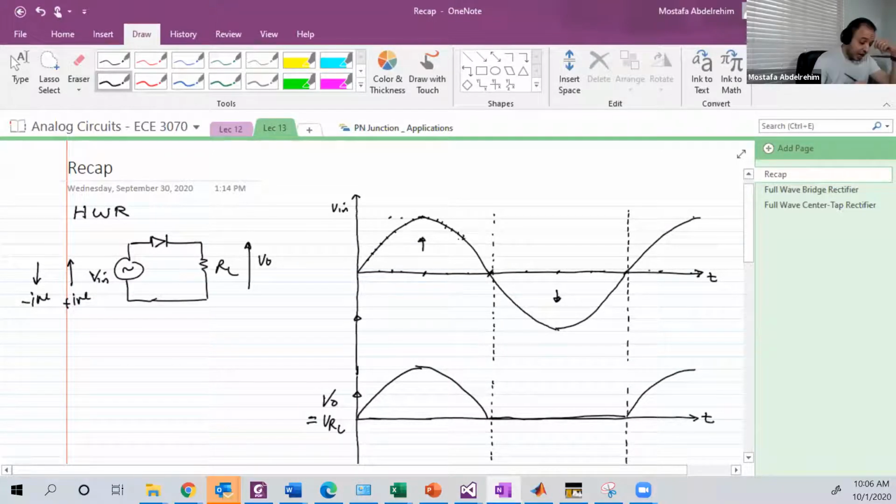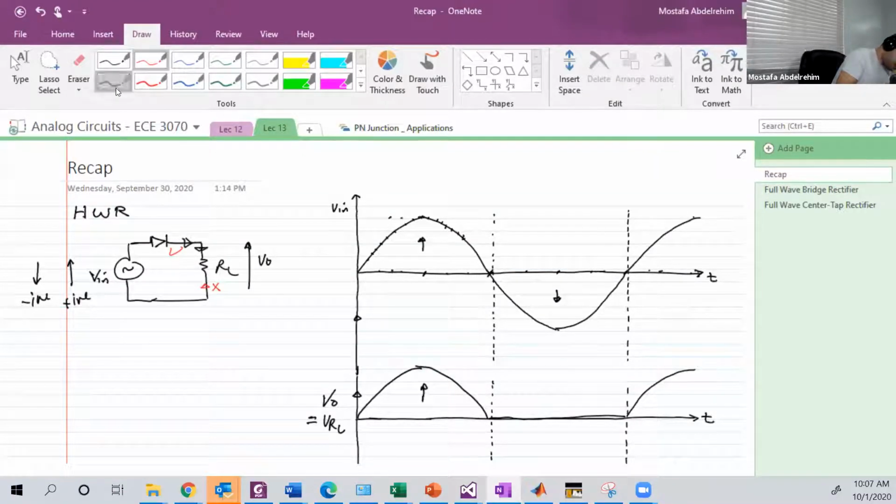But the output now has only one polarity, upward. The current is flowing in that direction only, and it's positive. There is no current flowing in the other direction, only that one. Okay? When there is current. In the negative half cycle, there is no current.